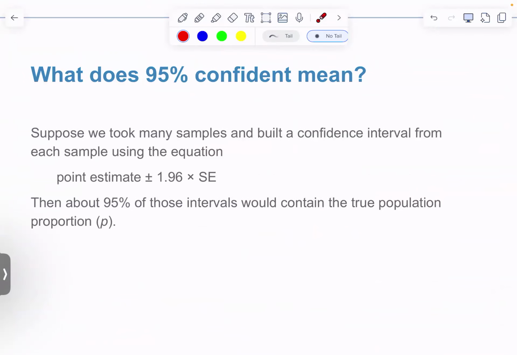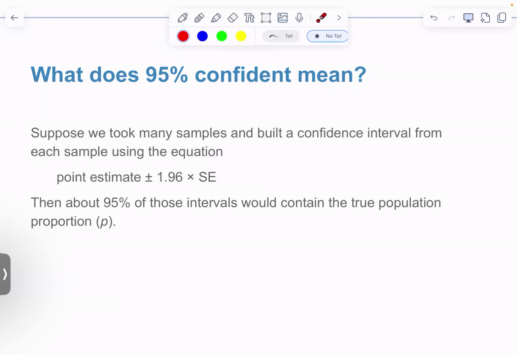Like we were saying, what does 95% confident mean? Suppose we took many samples, like we did. You're building off of a sample, but you don't know if it's actually representative or capturing that population proportion.